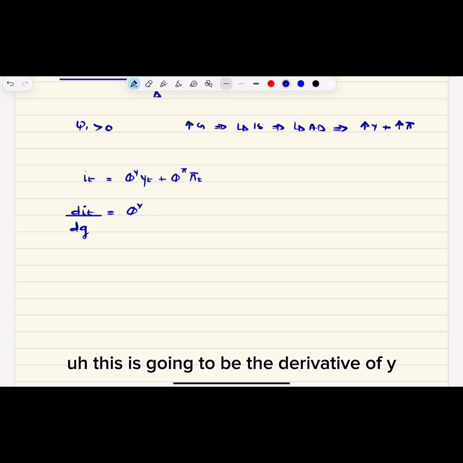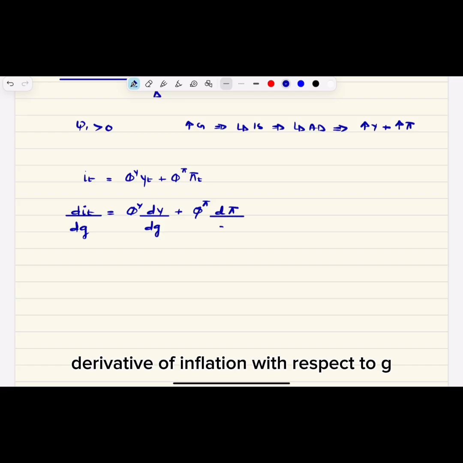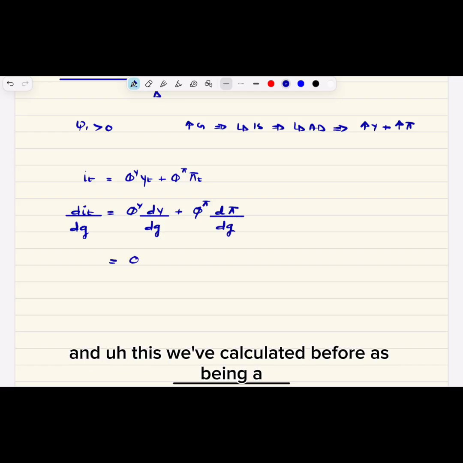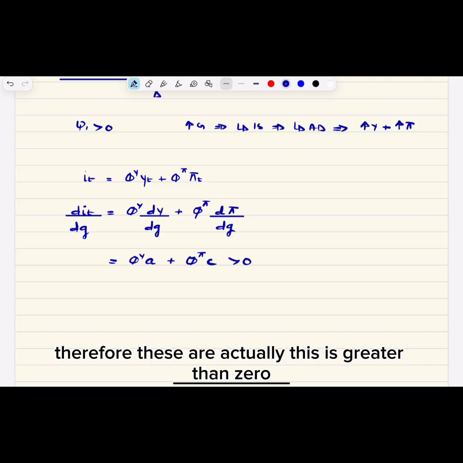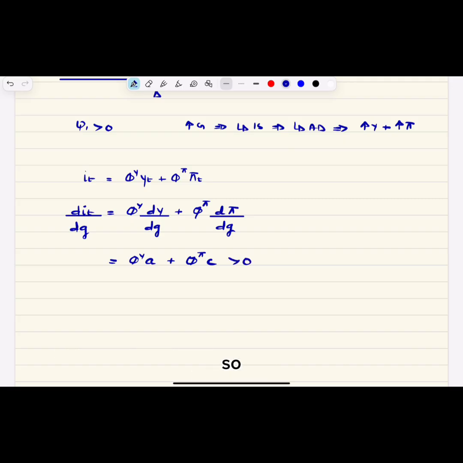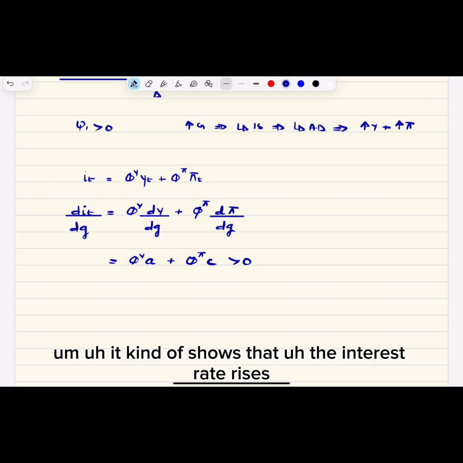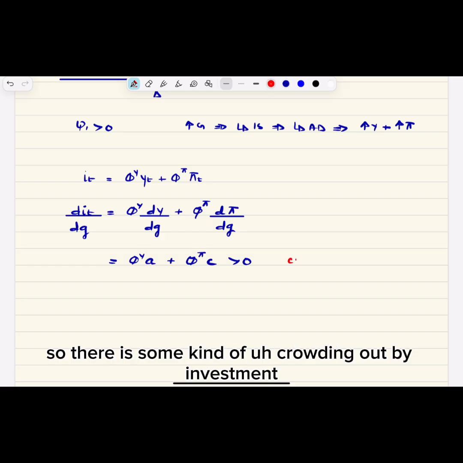This is going to be the derivative of y with respect to g, the coefficient of inflation, and the derivative of inflation with respect to g, which we've calculated before as a and c, and therefore this is greater than 0. So it shows that the interest rate rises, so there is some kind of crowding out of investment.